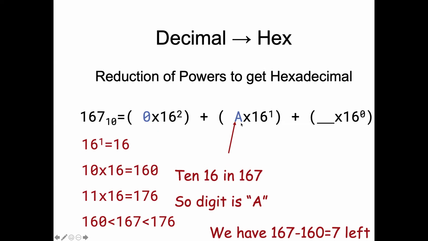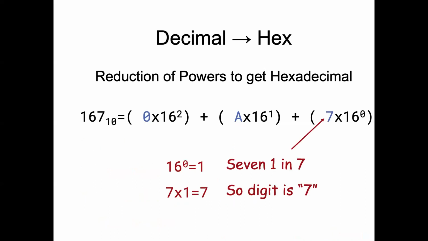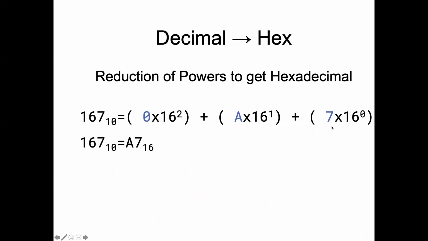So the next hexadecimal digit must be 10, or A in hexadecimal. That accounts for 160 of that 167. What's left? That leaves us just 7 remaining. So there must be 7 in the ones place, or 7 in the 16 to the zeros place. So 7 must be our lowest order hexadecimal digit.